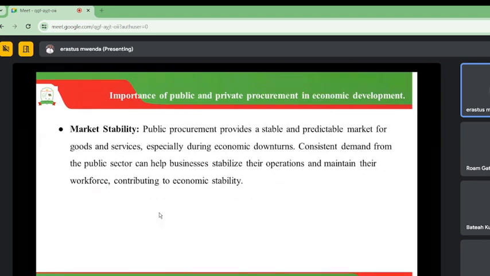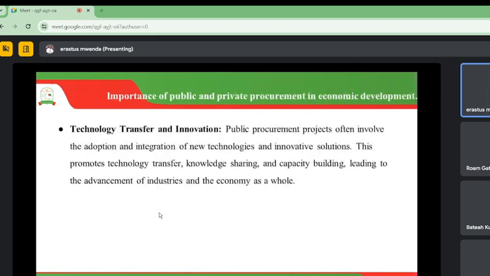And then, of course, the stability of the market sometimes also depends on what the government is doing in terms of projects, and how much money they are releasing in the form of salaries for people to benefit. That's why we are saying consistent demand from the public sector can help businesses stabilize their operations and maintain their workforce, contributing to economic stability.